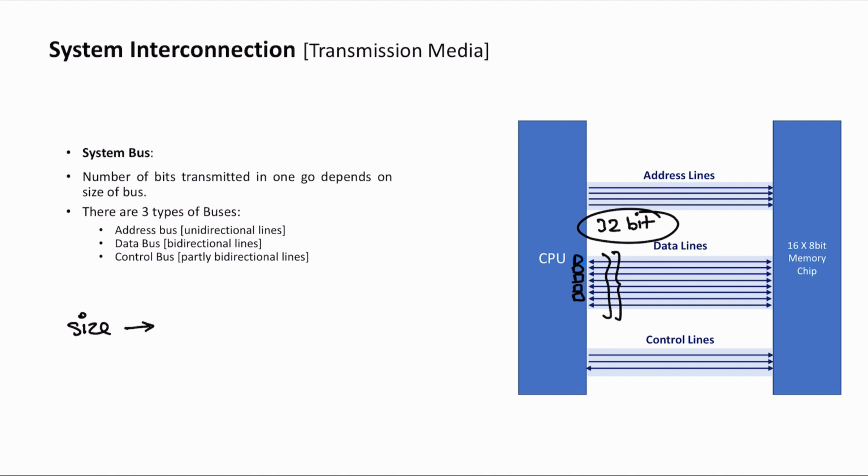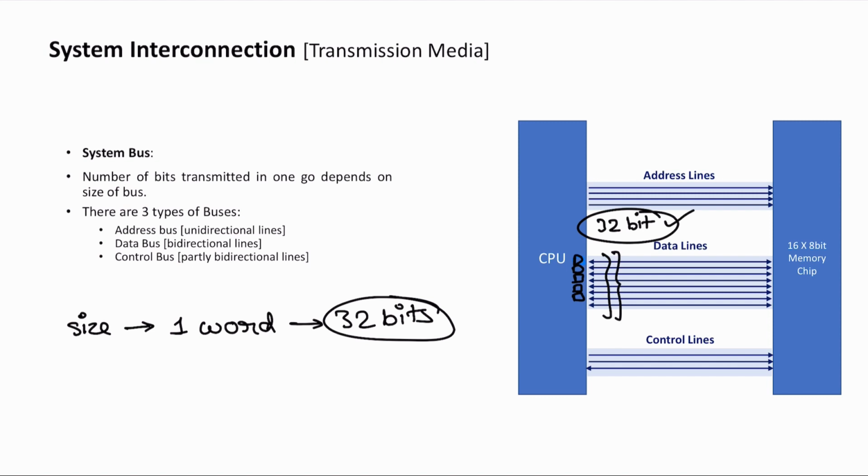the size of one word here is 32 bits, because we can fetch one unit of information at one time, and that one unit of information here is 32 bits. We can fetch or send 32-bit information in one go.